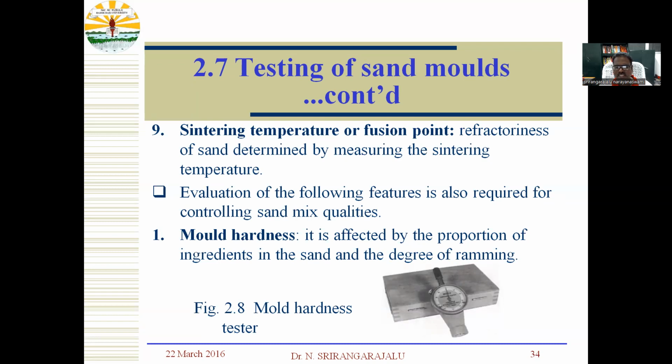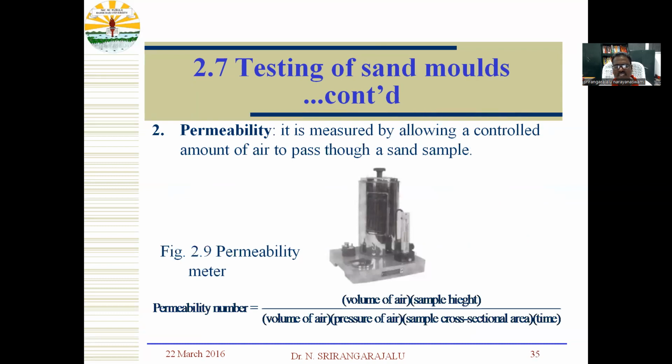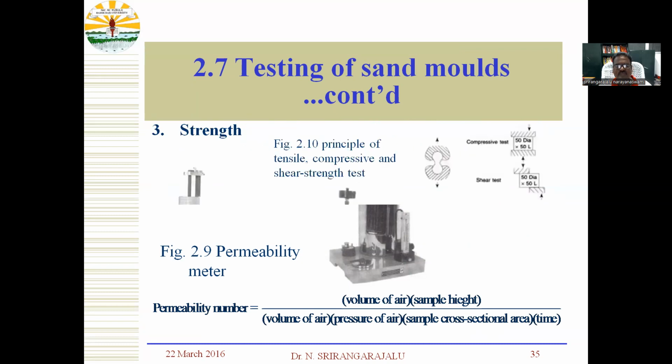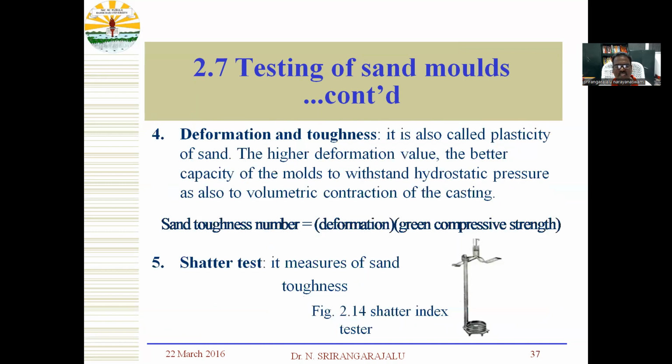Mold hardness. It is affected by the proportion of the ingredients in the sand and the degree of ramming. So permeability: it is measured by allowing a controlled amount of air to pass through the sand samples. So these are all the strength measurements with the help of testing of the sand.